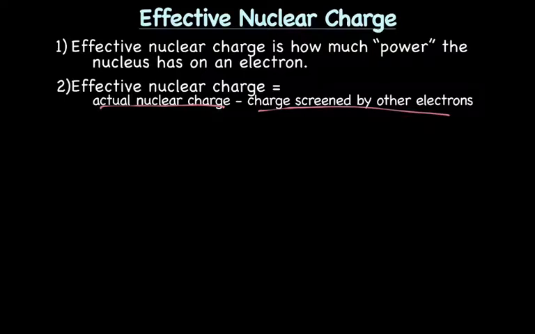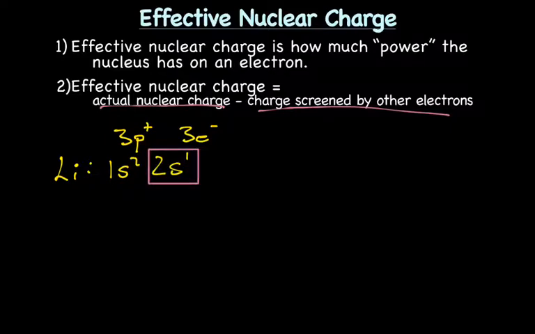Let me show you an example. We'll use lithium. Lithium's nice and easy. Lithium has 3 protons and 3 electrons. Its electron configuration is 1s2, 2s1. If we're interested in the valence electron, we're talking about this electron here.